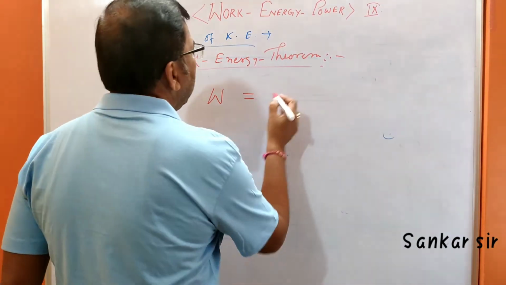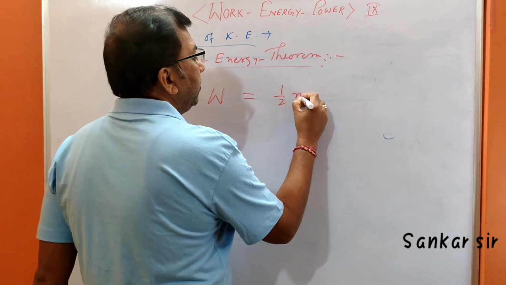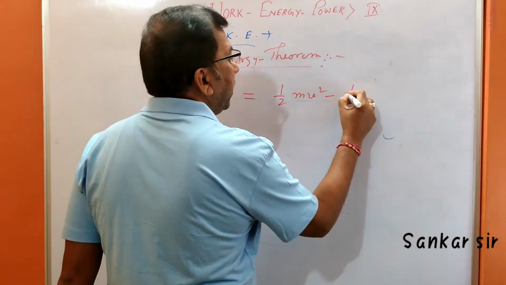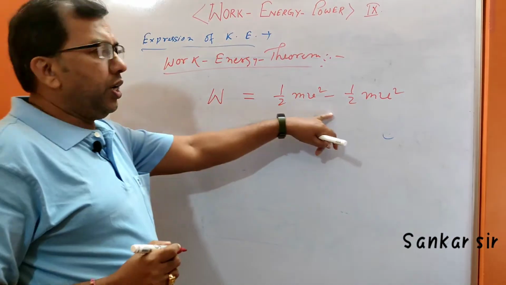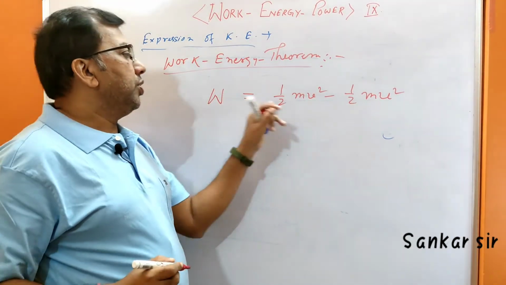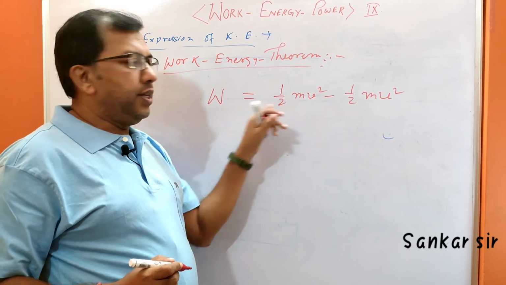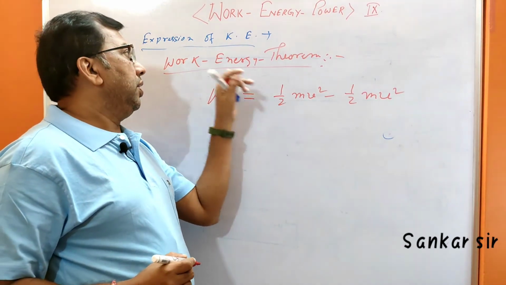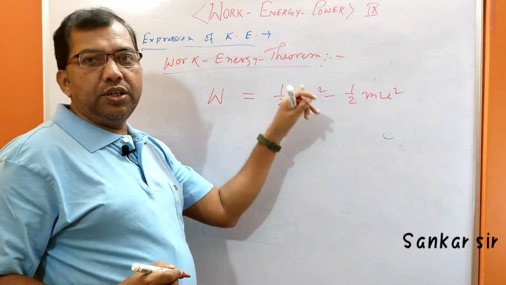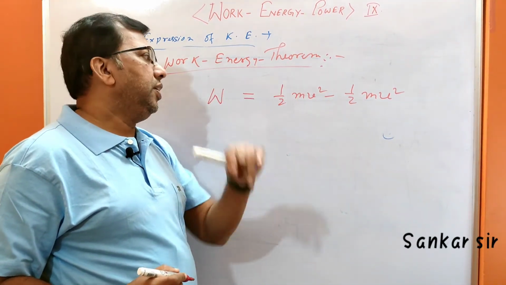W equals to what we got, half m v square minus half m u square. You got it? It is known as the work energy theorem.